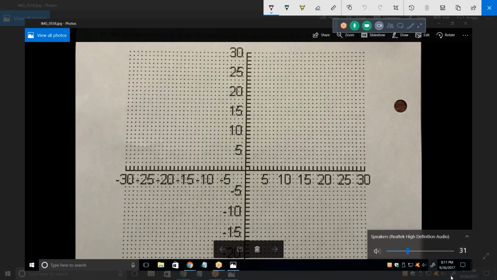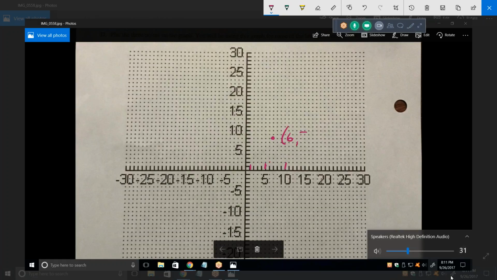If that's 10, then it's 1, 2, 3, 4, 5, 6, 7, 8, 9. So 5 is right there. So 6 is right there, and 8 is 5, 6, 7, 8. So 6, 8 is right there.